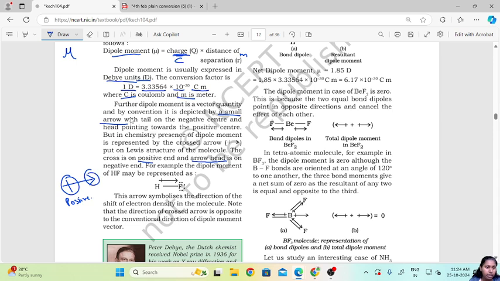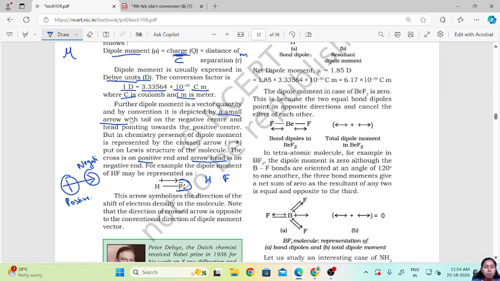For HF, since the electrons are pulled towards fluorine, the head will be towards fluorine and the cross will be towards hydrogen.